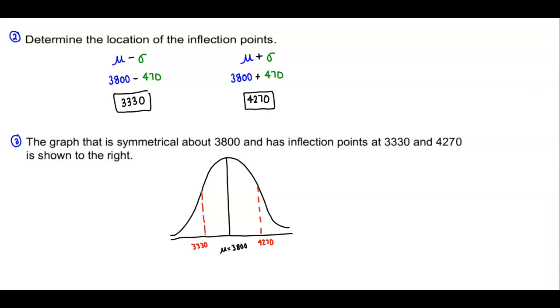So again, these are our inflection points. Keep in mind that the horizontal axis represents the values of x. So therefore, here's the graph that has those inflection points.